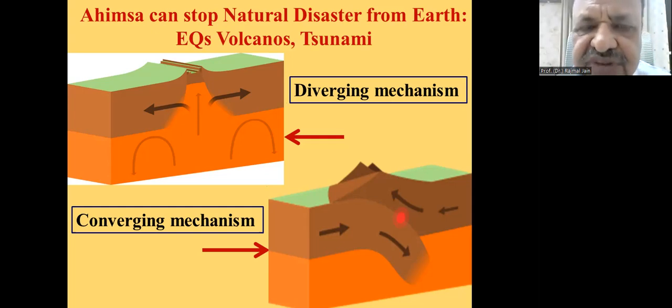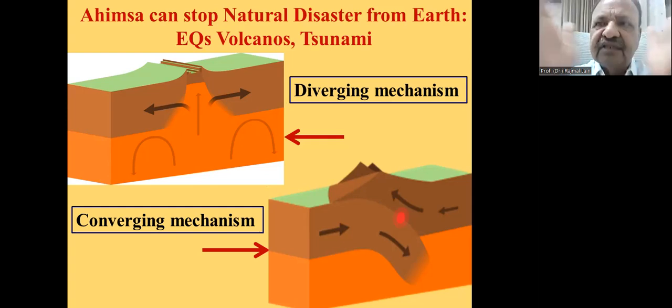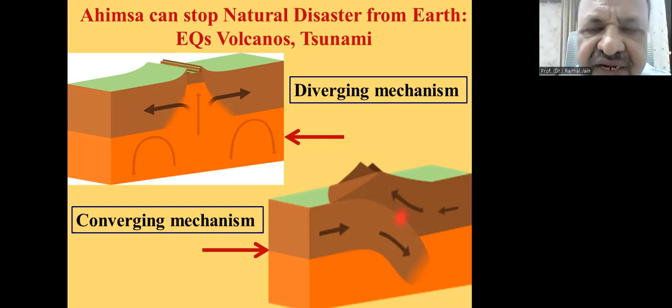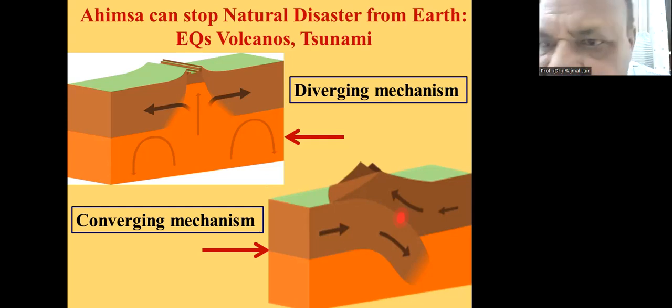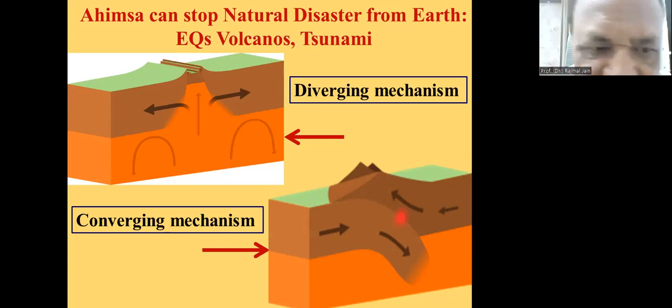So due to those motions, when they collide with each other, a lot of energy gets released, and when they separate away from each other, even then the energy is released. It can be a diverging system as well as a converging system, or when they move very close to each other, then also energy is released. This is what science says.